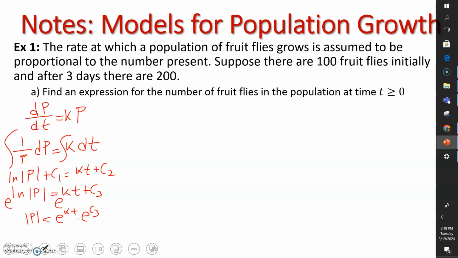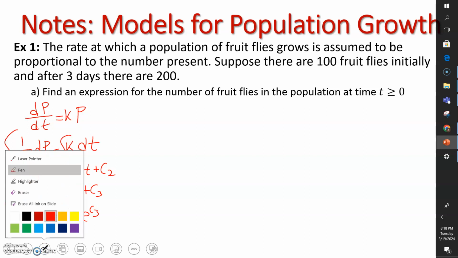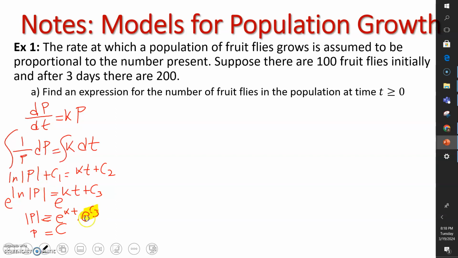Now, population can't be negative, so I'm going to remove the absolute value, and I have P is equal to, and note here, this e to a constant is just a constant, so I'm going to move that constant out to the front and just call it C, and then e to the kt. So this here is my generic model for population growth based on this initial differential equation.